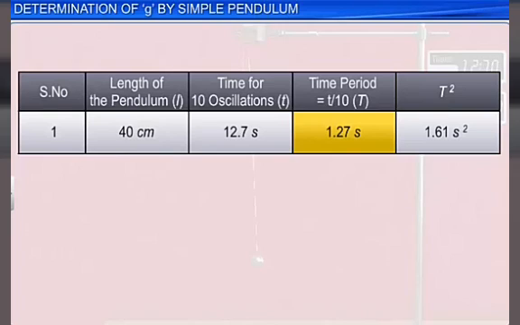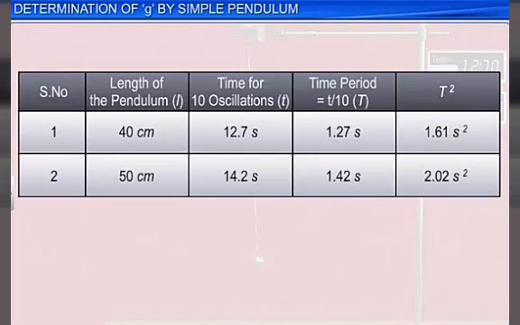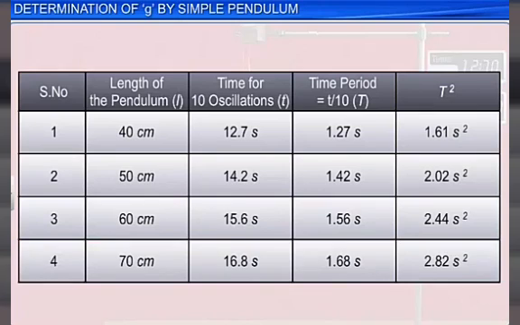Based on these readings, determine the time required for one oscillation, which is the time period of the pendulum. Note the time period. Calculate the value of t square also for the length of the pendulum. Next, increase the length of the pendulum by 10 centimeters and repeat the procedure to find the value of t square. Repeat the procedure 3 or 4 times by increasing the length by 10 centimeters every time.